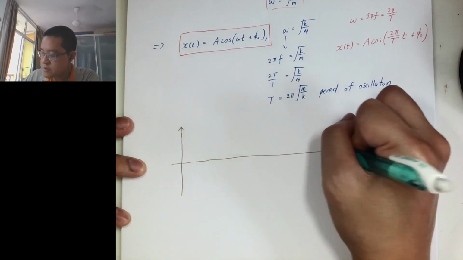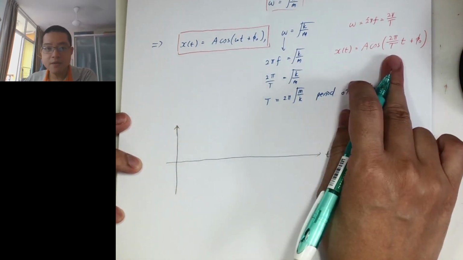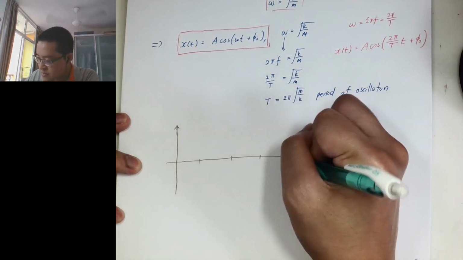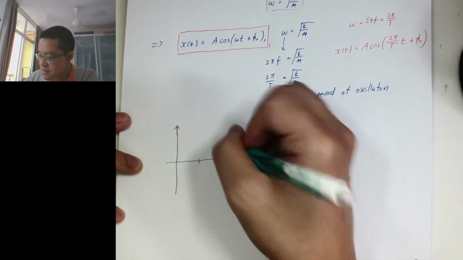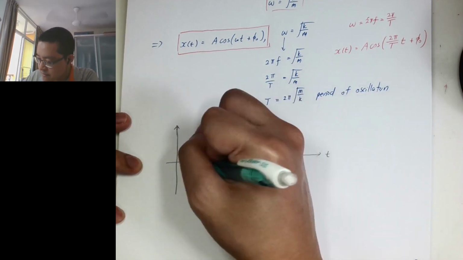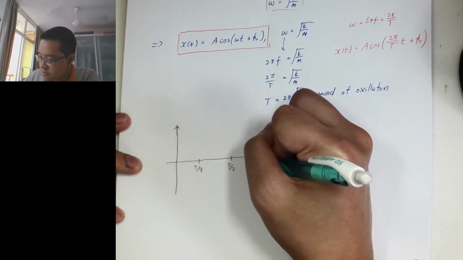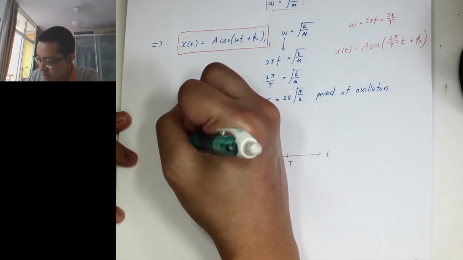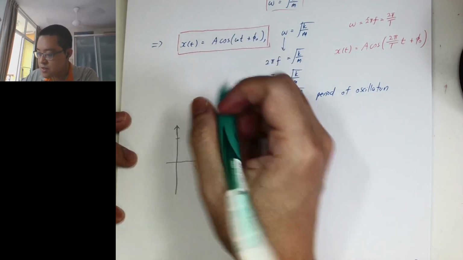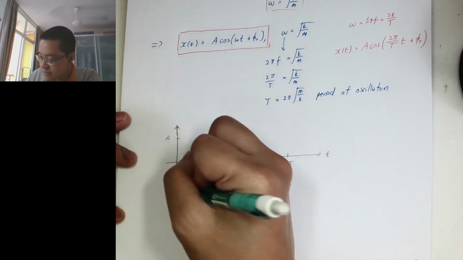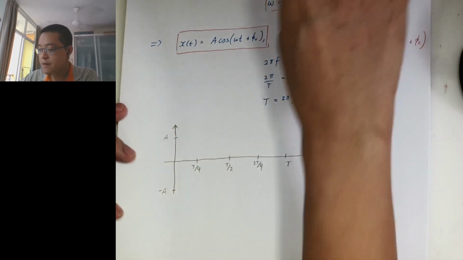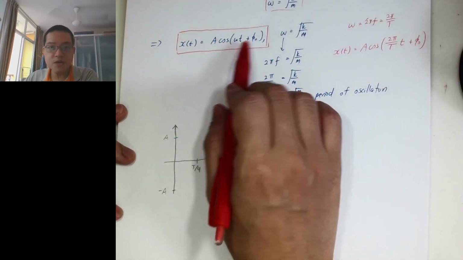In terms of t, the cosine depends on the period of oscillation. Let's say I draw until here. One period is like this, then this is T over 2, this is T over 4, and this is 3T over 4. What does my function look like? This is the amplitude A, so the cosine should go from negative A to A. When t is equal to 0, it depends on phi.